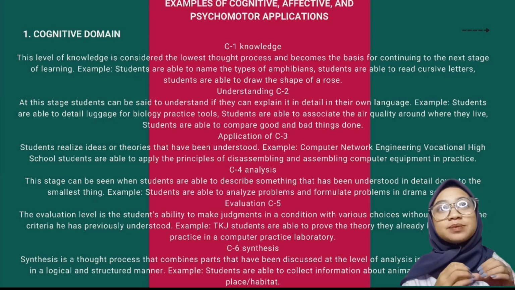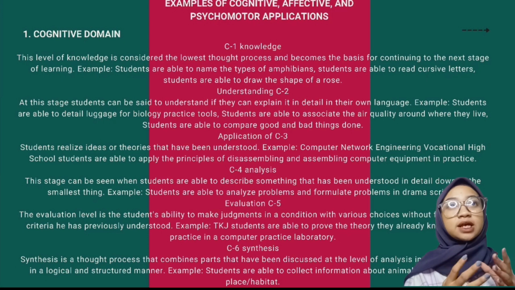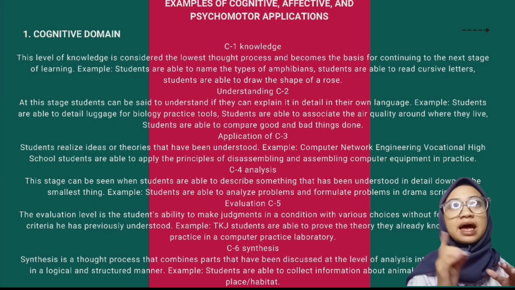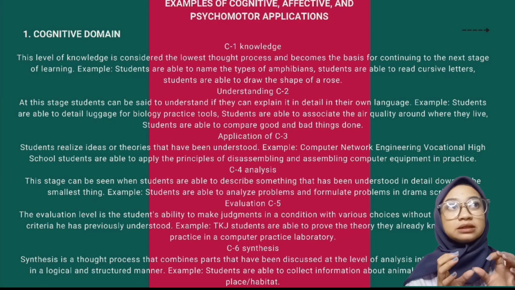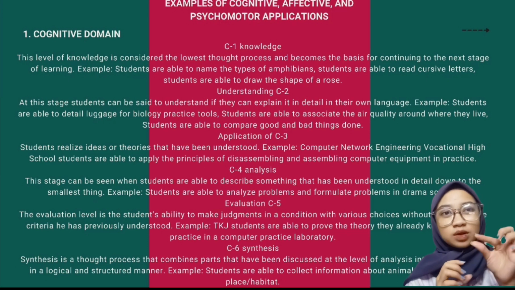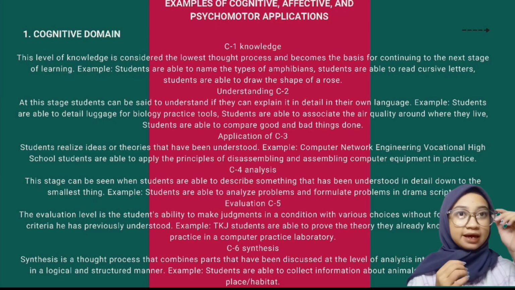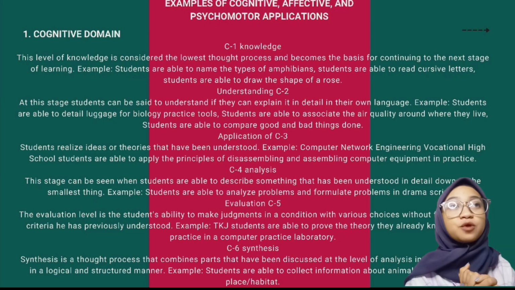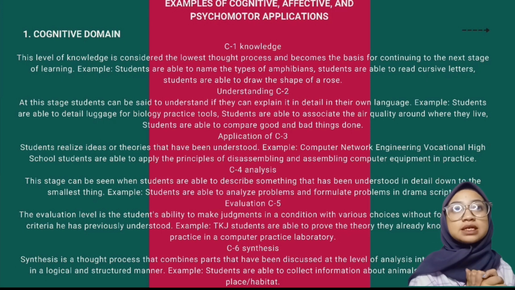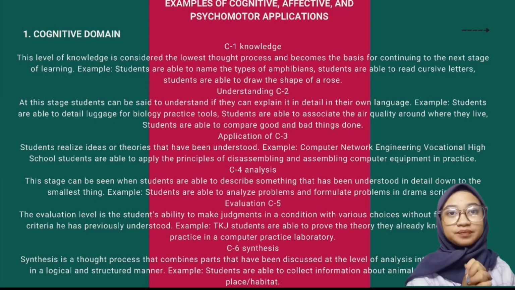The fourth C is analysis. This stage can be seen when students are able to describe something that has been understood in detail, down to the smallest thing. Example, students are able to analyze and formulate problems in a drama script. The fifth C is evaluation.